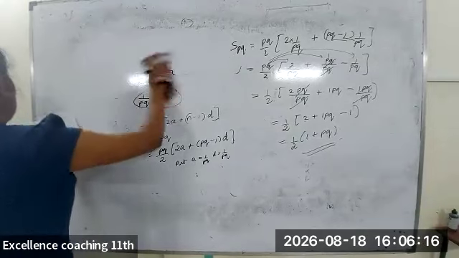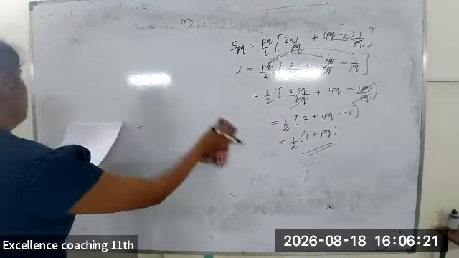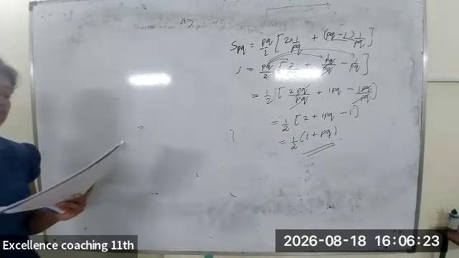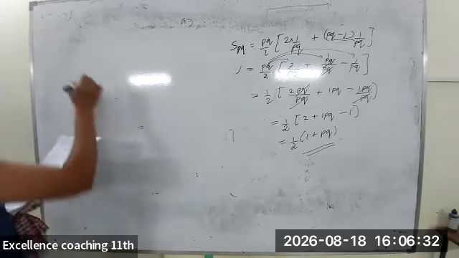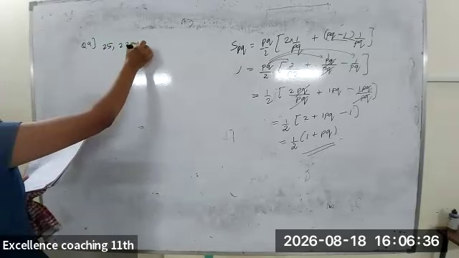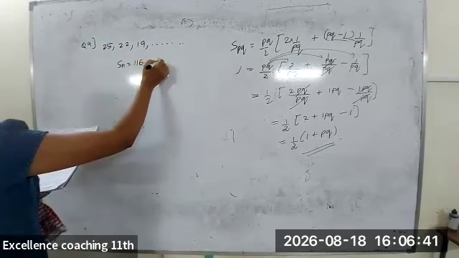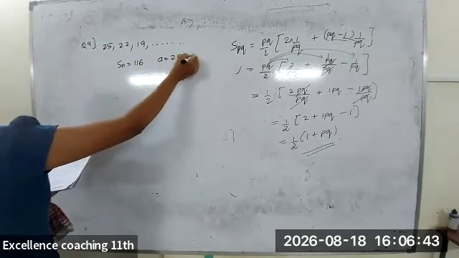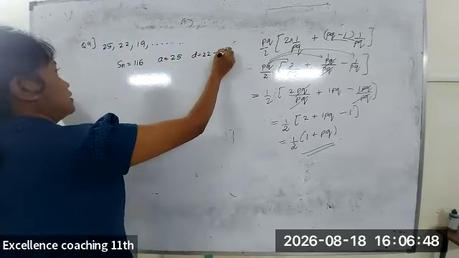I think question number 9 you should be able to solve. Sum is given. First term is also given. Common difference also you will know. N is what you have to find first, and then find the last term. Second term minus first term.